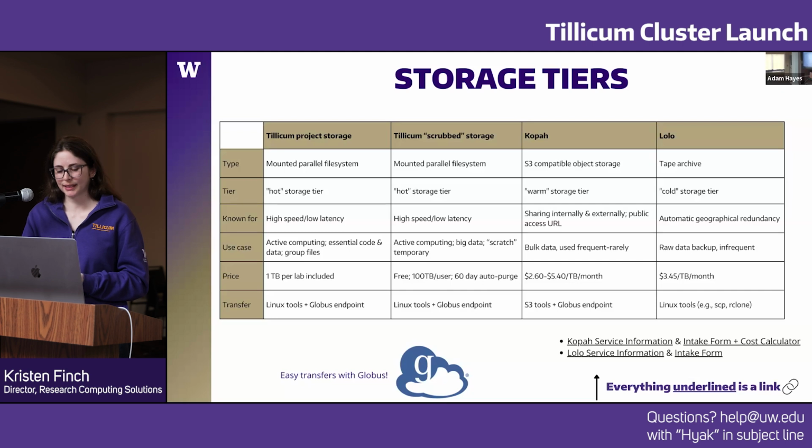I'm going to be sharing these slides at the end so you can check out all of these storage options after this. The point I'm trying to get across is that although we don't offer Tillicum for long-term research storage, by having a portfolio of services with UWIT, you can have the storage solution that best fits your needs.